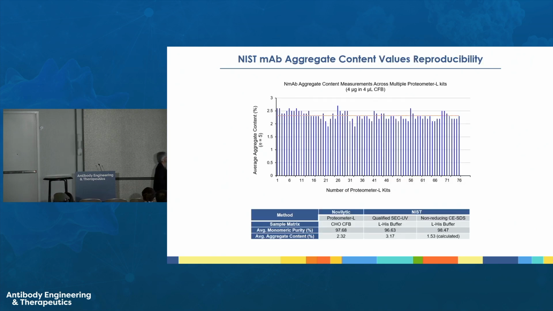And even for the aggregate content, we get asked, I always use this SEC UV method, and you are using a different method. Will I get the same values by your method? That's like asking, are apples and oranges the same? No, because we are using a totally different detection method.